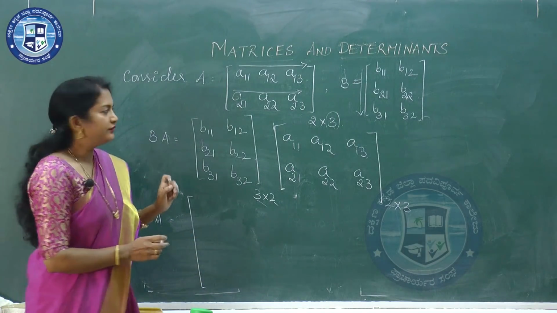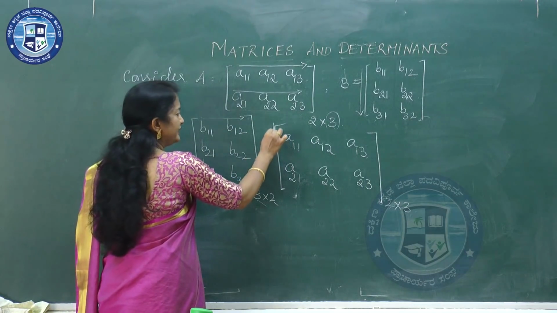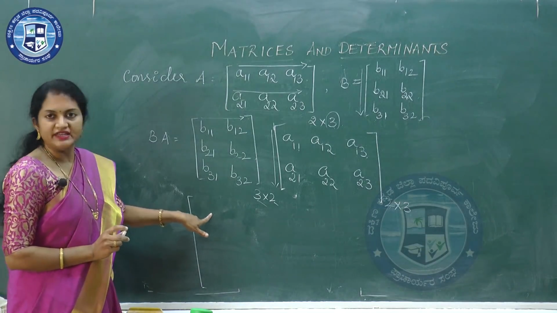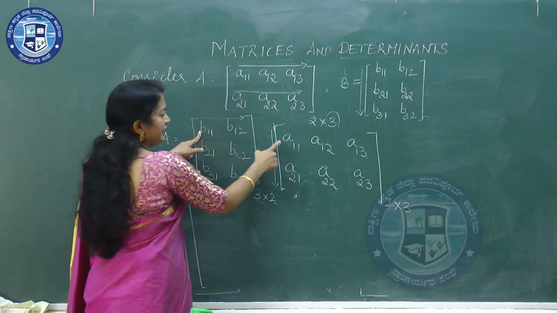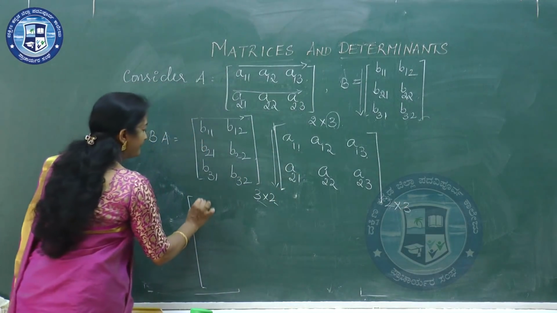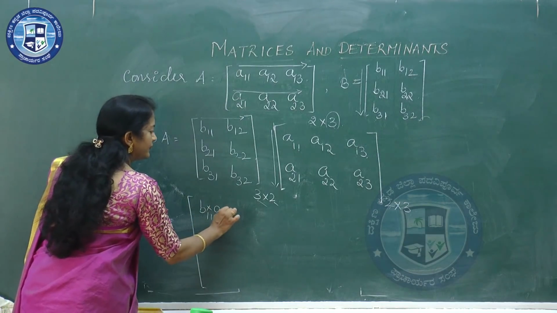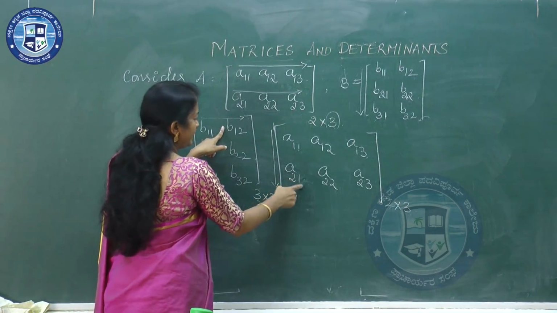As I told, first we will select the first row and first column to get the first element of the first row. So B11 into A11 plus B12 into A21.